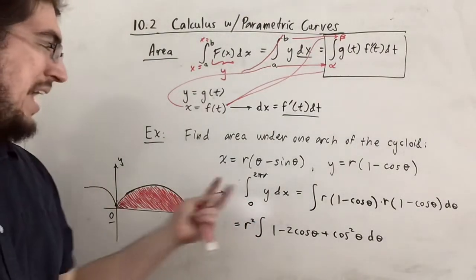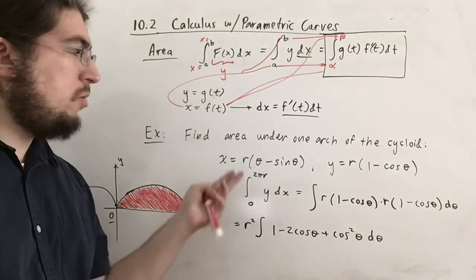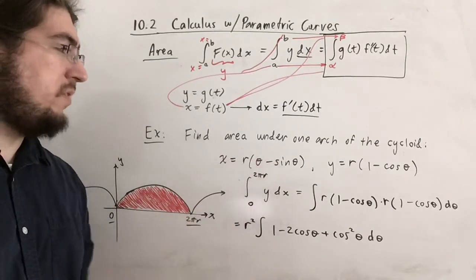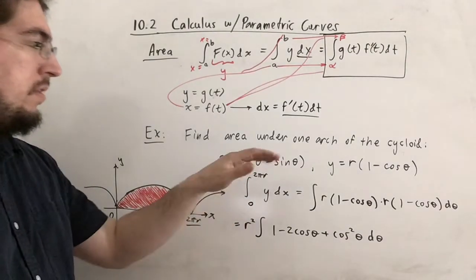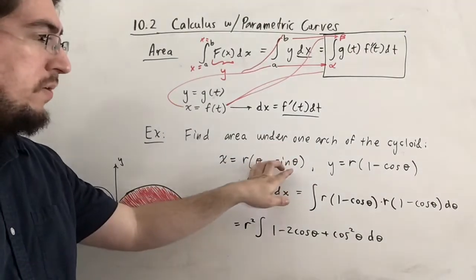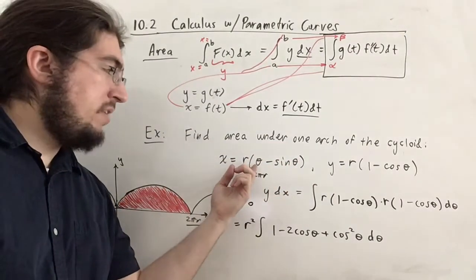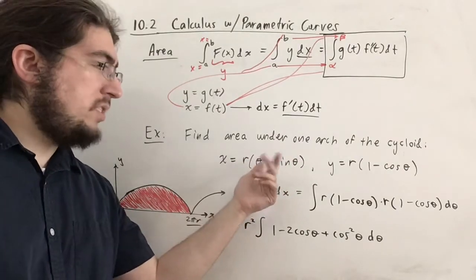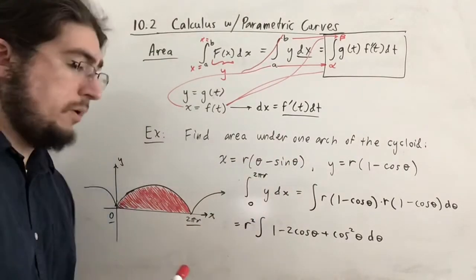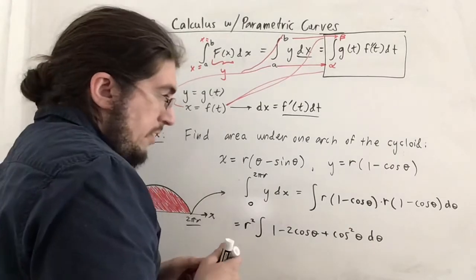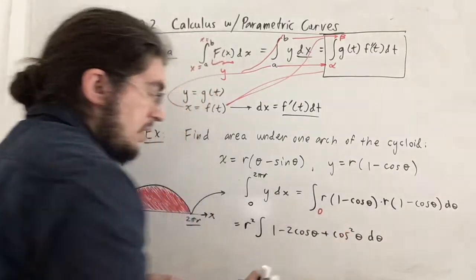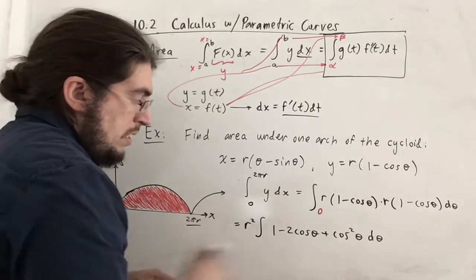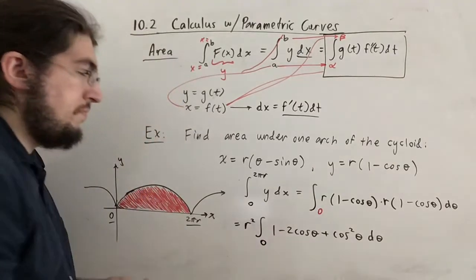So when is x 0? What value of theta would give you an x value of 0? Well, r is constant, so this would have to be 0. Notice, if theta is 0, we'll have 0 minus sine of 0. So that's 0. So the theta value there that works is actually theta equals 0. So the bottom limit is still 0. Okay.